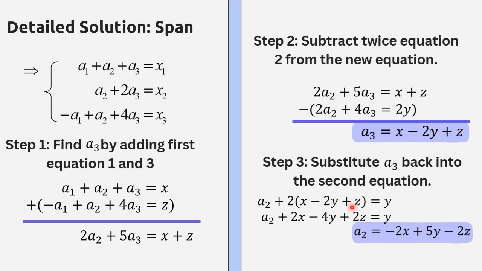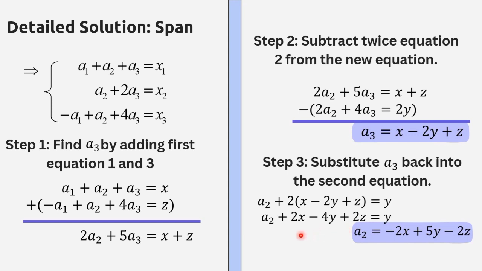So we have to expand, or do the distributive property. We have 2 times x, that is 2x, 2 times negative 2y, that is negative 4y, and 2 times z, that is 2z. Now we're going to transpose, or get the inverse of all these elements.